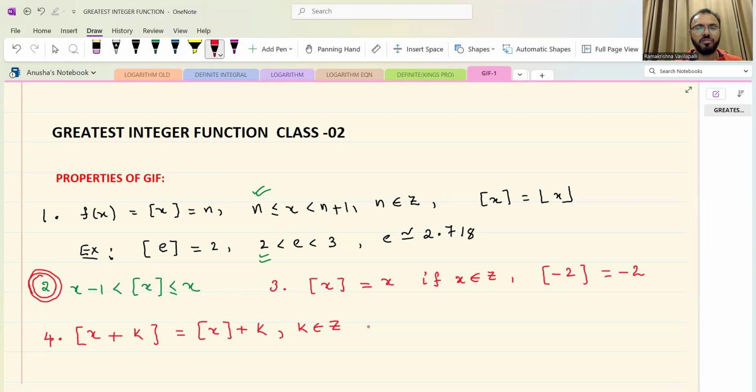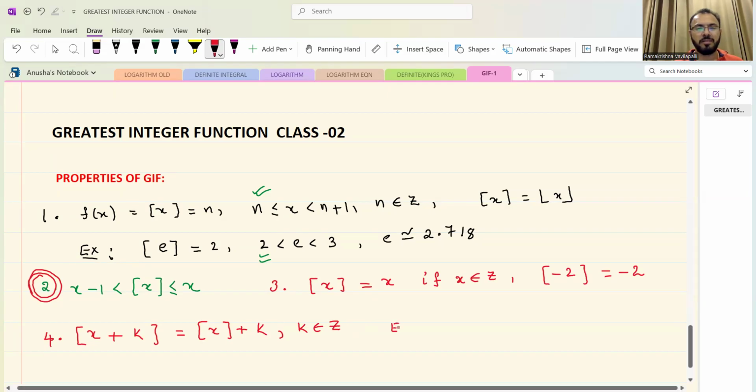So, for example, what is the integral part of x plus 1? We can bring out that integer 1, so we can write the integral part of x, plus 1. Similarly, the integral part of x minus 2 is the integral part of x, minus 2.